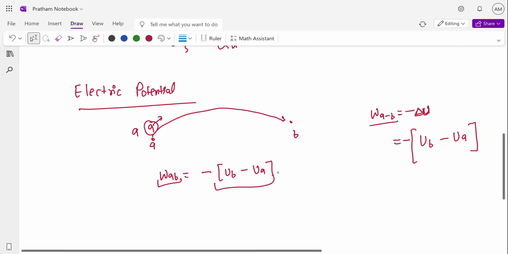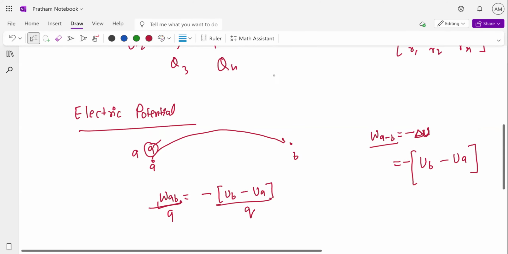If I ask how much energy is required per unit charge, can I divide the whole equation by q? Isn't it the same? Like if you know that 10 pens require 10 rupees, how much does one pen require? Divide by 10: 1 rupee. The same calculation we are doing here.